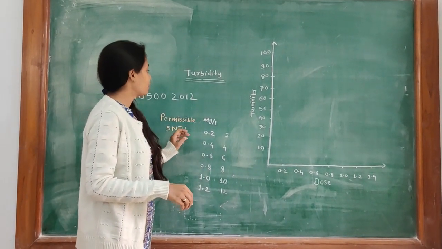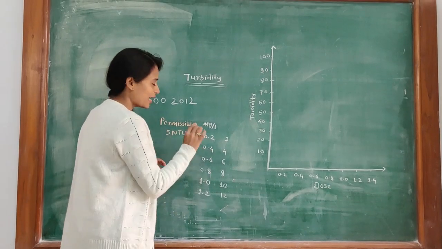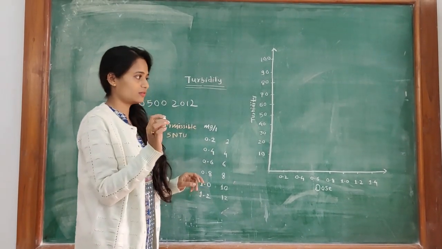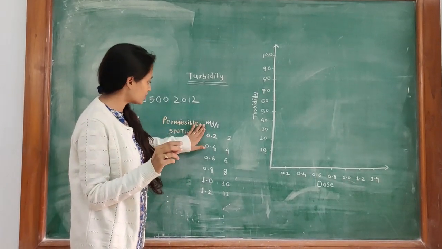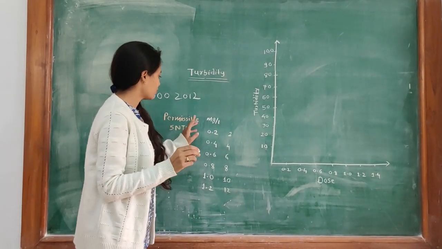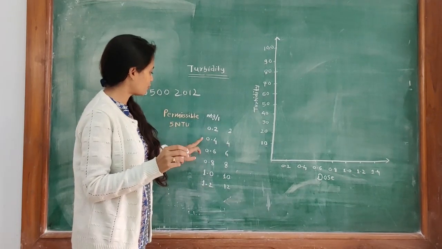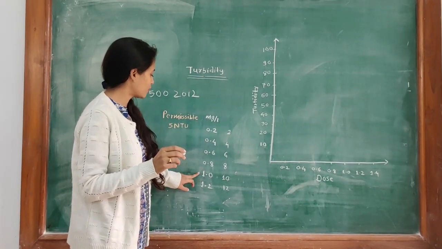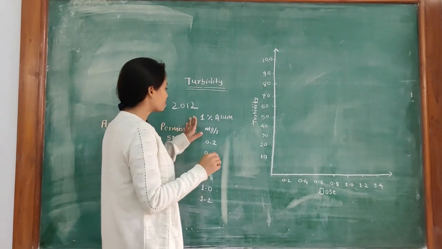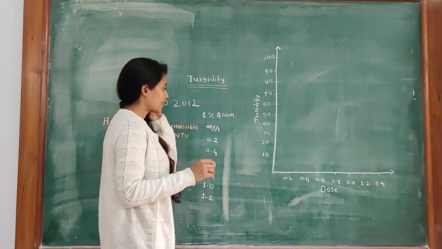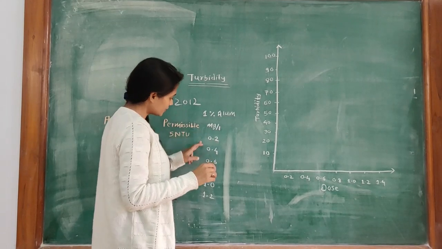So today we have prepared the alum solution, a standard alum solution, and we will be using these doses: 0.2, 0.4, 0.6, 0.8, 1, 1.2 mg per liter. We have prepared a 1% alum solution, and we need to take these doses.